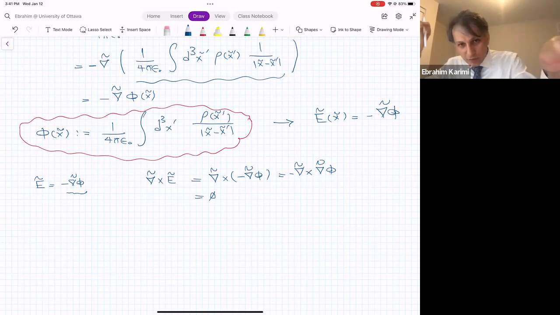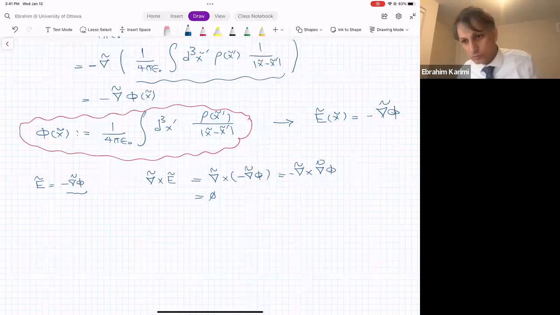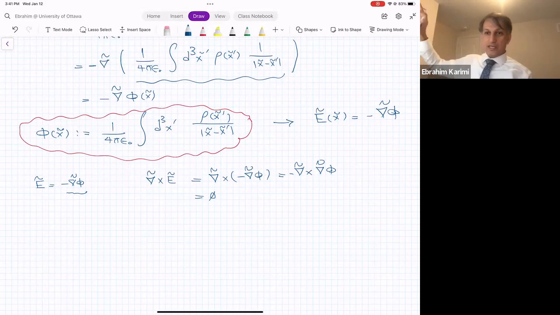And if you go with phi in this way, with the electric field given by minus gradient of phi, the curl of E will be 0. And we know that's not true when we have a magnetic field as well, okay? But for the electrostatic, we are okay. I don't have any argument about that. So the curl of E for electrostatic is 0.